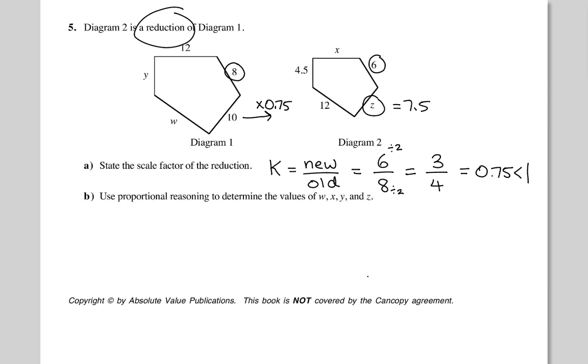I'll show you the cross multiplication way to do these. And when I say cross multiplication, the proper word here is proportional reasoning. So check this out. 8 goes with 6, right?